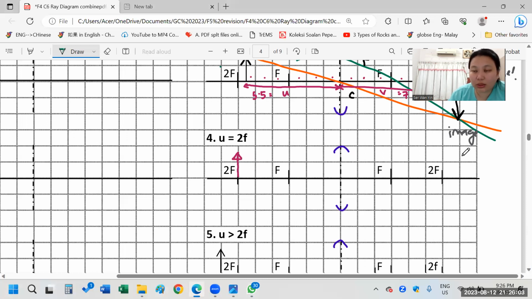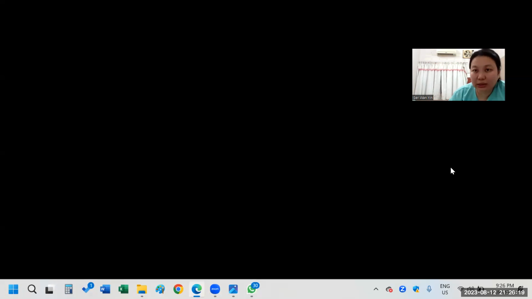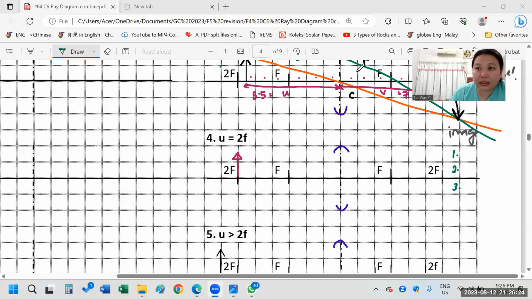So here, this one would be upright or inverted.